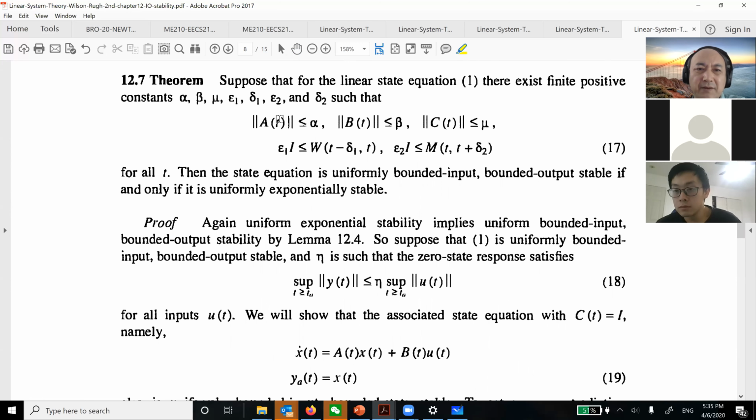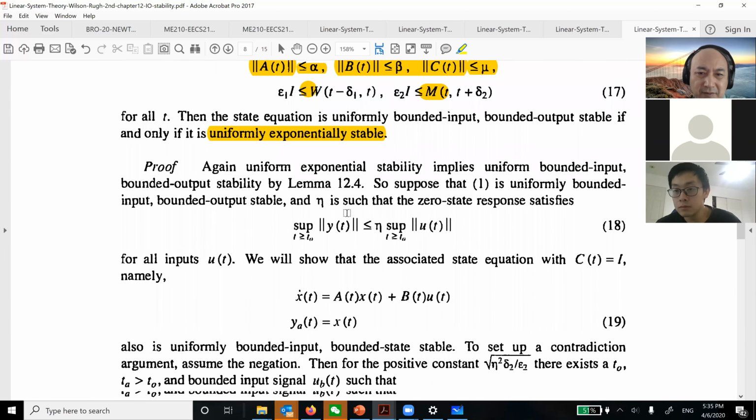You can see A, B, and C are all bounded, and there is a controllability Gramian and an observability Gramian. They are all lower bounded, so they will not be singular. The state equation is uniformly BIBO, bounded input, bounded output stable, if and only if the original system is uniformly exponentially stable.